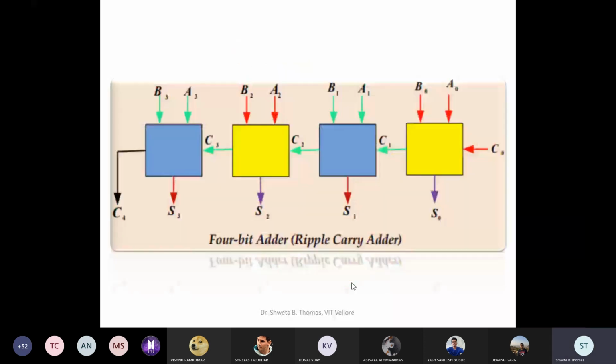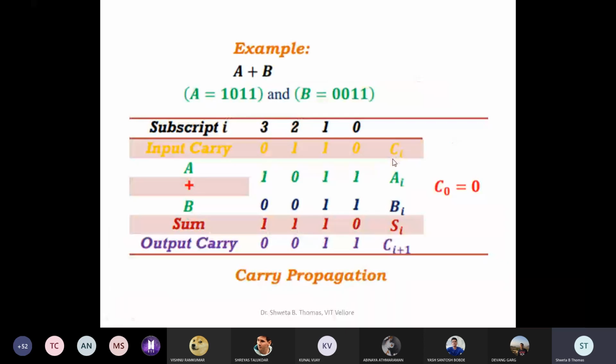In the first adder, the input carry is C naught, but the output carry is C1. For the first stage, if i is 0, then i plus 1 will be 1. That's why the input is always Ci and the output is always Ci plus 1. Understood? Any doubt?